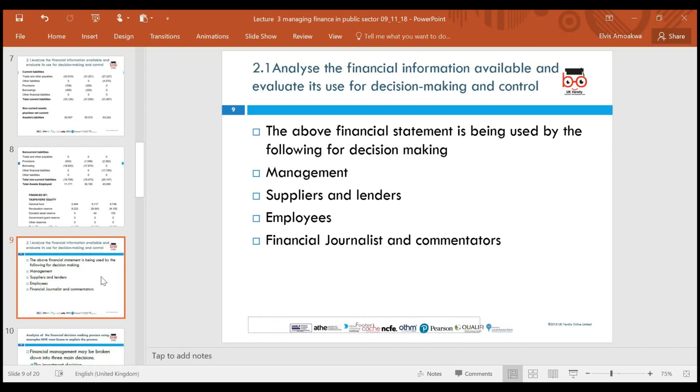Is this something that will ensure my regular income? So employees are even interested, and they will make decisions as to join the organization or not based on the financial information. And management are also going to use the same thing to decide how to take the organization forward. So let's look at the next slide.